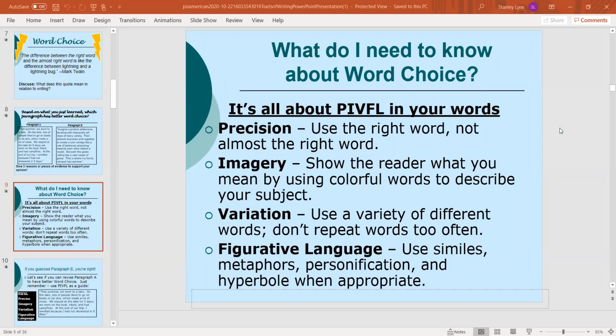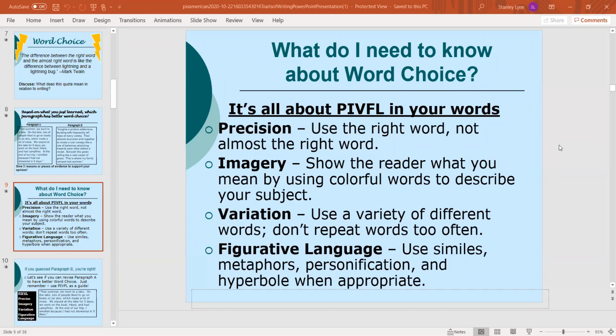Imagery. Show, do not tell. Show the reader what you mean by using colorful or descriptive words to describe your subject. Variation. Use a variety of different words. Don't repeat the same words too often.